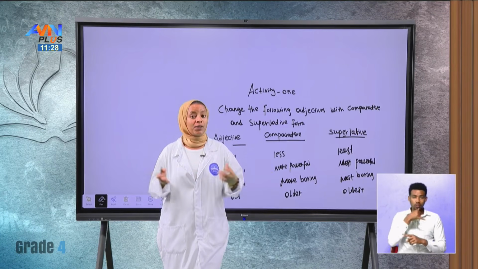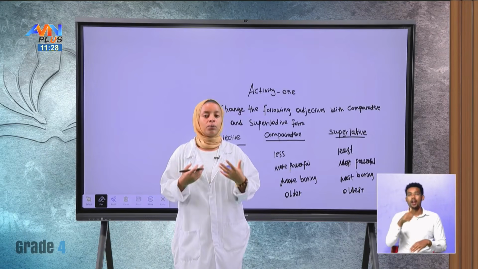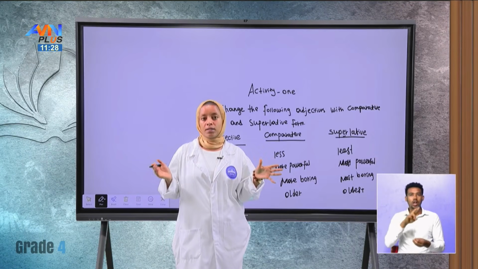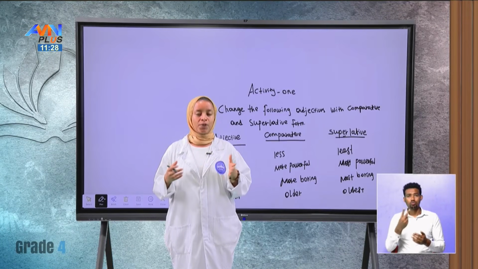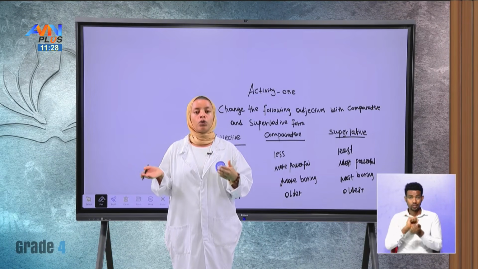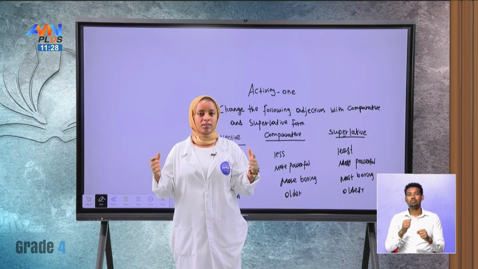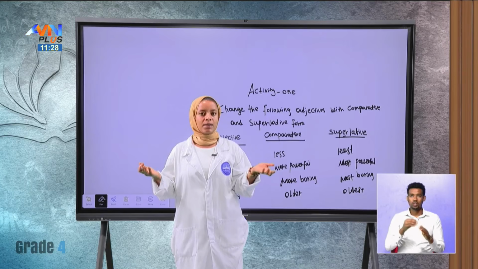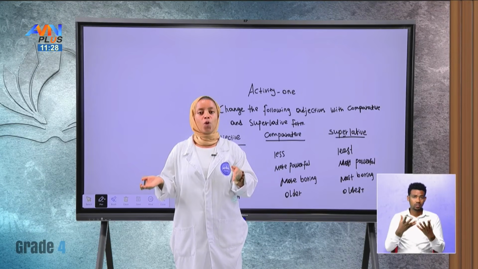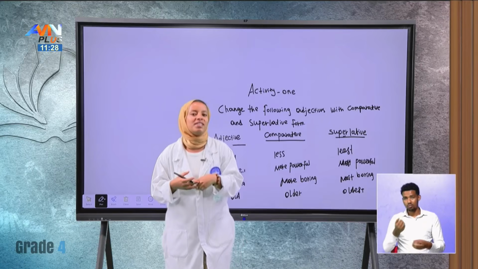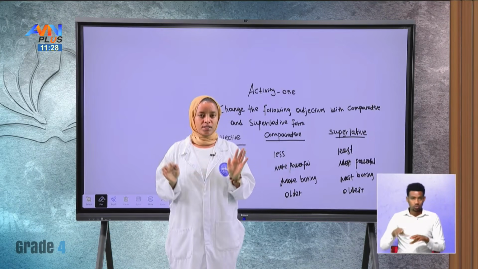And we also learned irregular adjectives that do not add er or est, and are not two-syllable adjectives. We change the whole word. For example, little, less, least. Many, more, most. These are examples of irregular adjectives. Students, this is today's lesson.